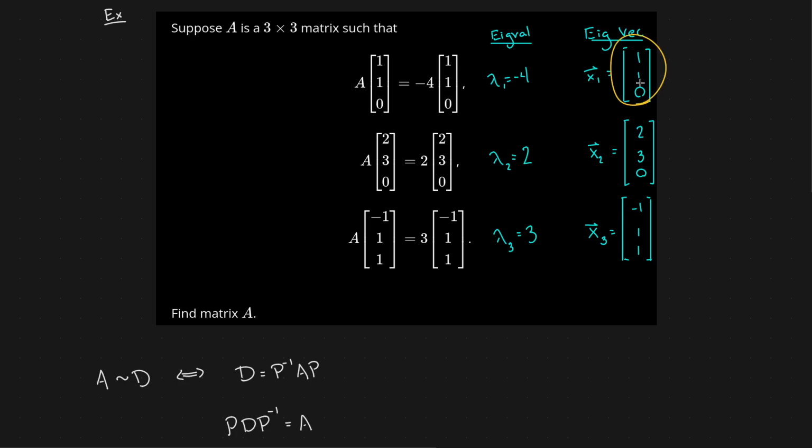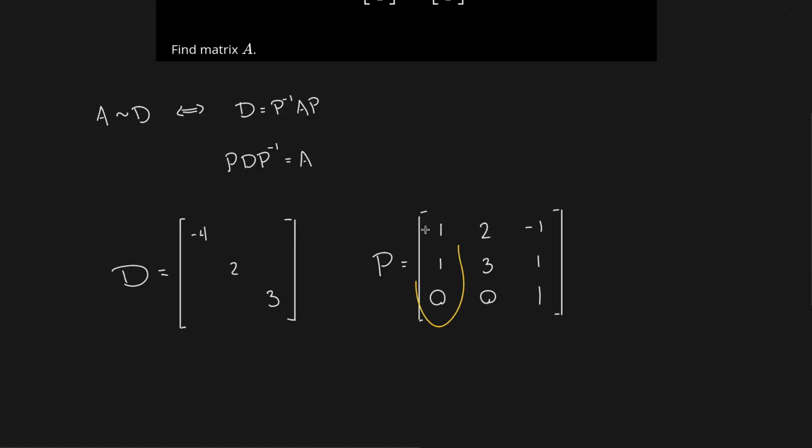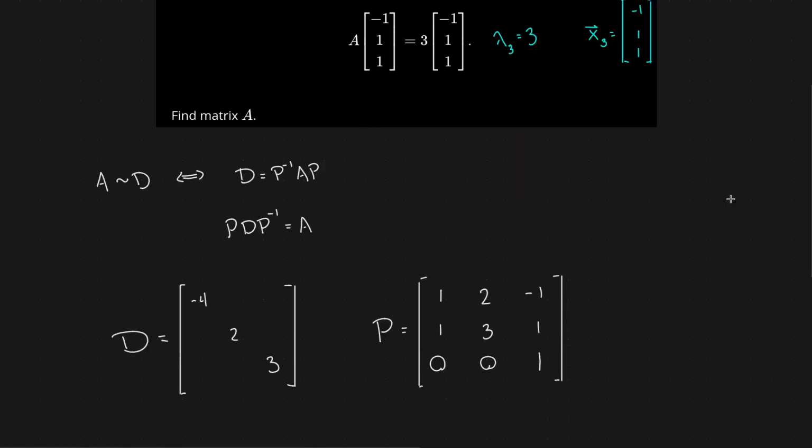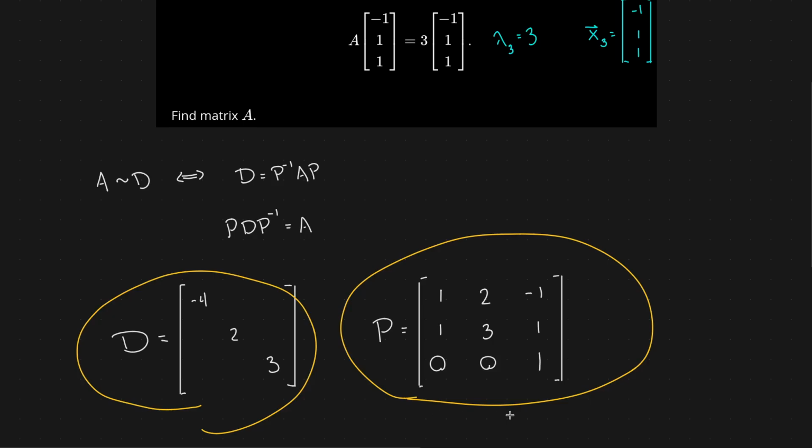So I have 1, 1, 0 here, but I could have also chosen maybe 3, 3, 0, because it's a scalar multiple of the eigenvector I have. This would be fine as an eigenvector. You want to swap out 1, 1, 0 with 3, 3, 0? That works fine, okay? We can still get the right answer. So there are lots of ways to construct matrix D and matrix P.